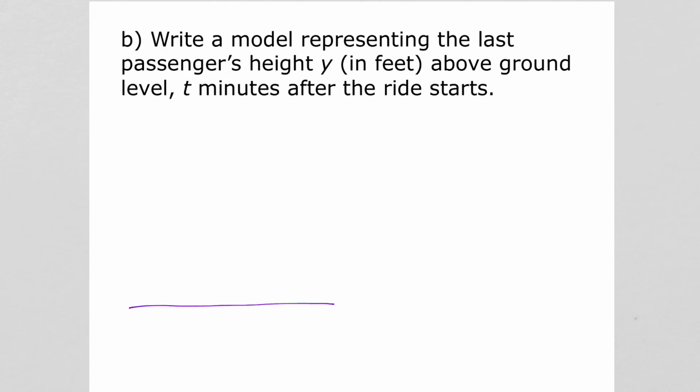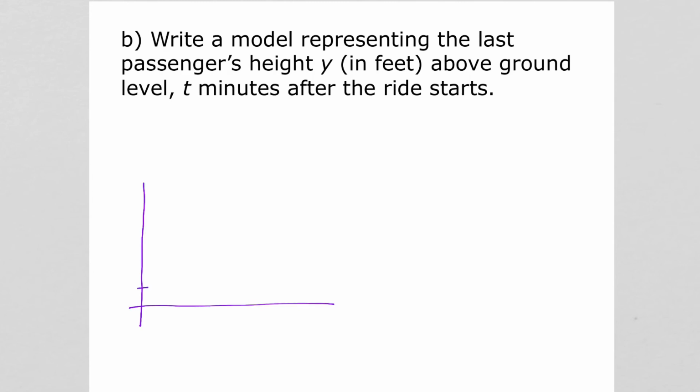If we draw a little graph here, then we know it said back at the beginning that the Ferris wheel was 2 feet off the ground. And that makes sense because it wouldn't be able to touch the ground and go around, right?